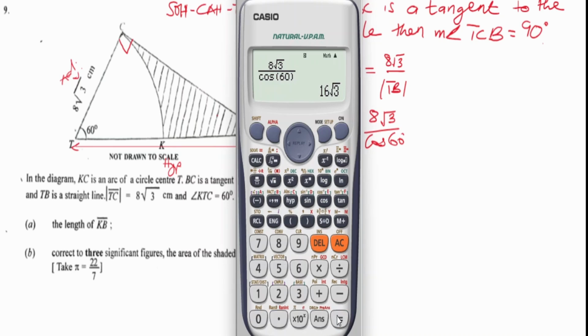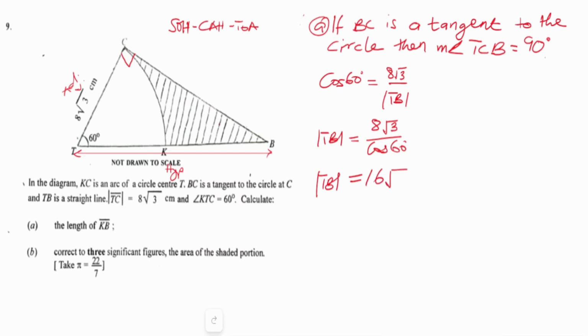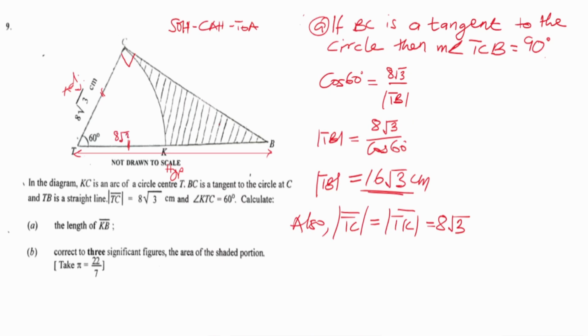Let me write that. This is very consistent with what we got for TB when we used the special right triangle properties. We also know that the length TC is equal to TK, because each of them is the radius of the circle. So this is the radius of the circle and this is the radius of the circle. They are equal, so this is also 8√3.